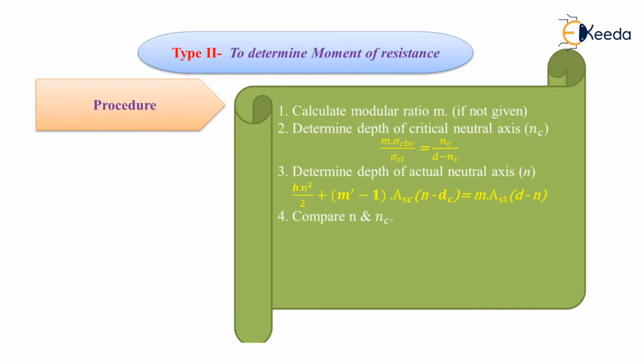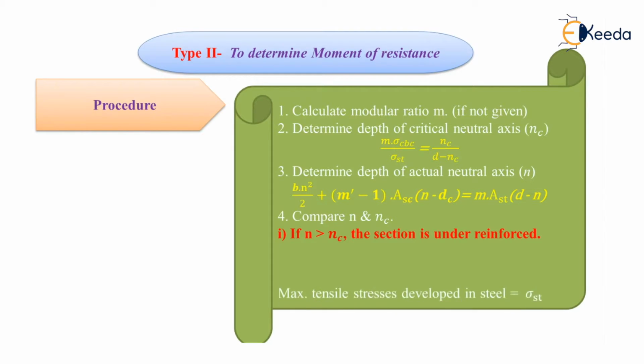After comparing, if we get n value greater than NC, that is, if the depth of neutral axis is greater than the depth of critical neutral axis, then our section will be under reinforced section.